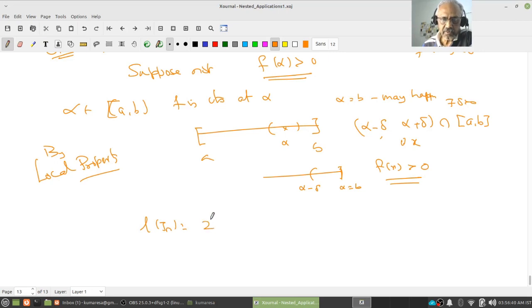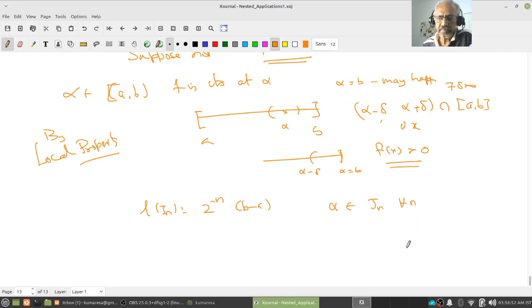This I know is 2 to the power minus n into b minus a. Now alpha belongs to J n for all n. So I want to claim that there is an N in the natural numbers so that for all n greater than or equal to N, J n is actually contained in alpha minus delta to alpha plus delta.